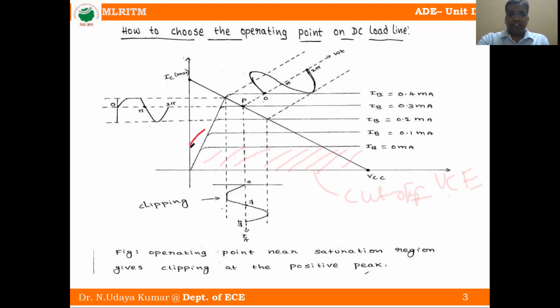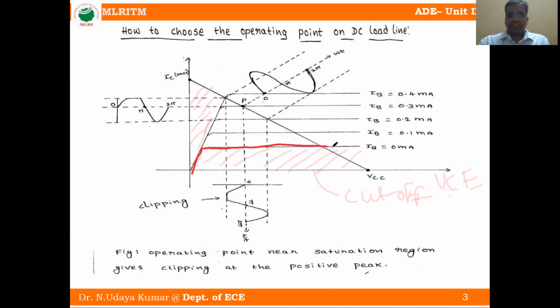What about this region? This region we call the saturation region, where the transistor is in the on position. Whenever the VCE voltage increases, the collector current IC also increases linearly. Up to this point it is linear, then it is flat. When IB is fixed, say 0.1 milliamperes, and we vary the VBE and VCE voltages, we get IC linear up to this point, then a flat region.